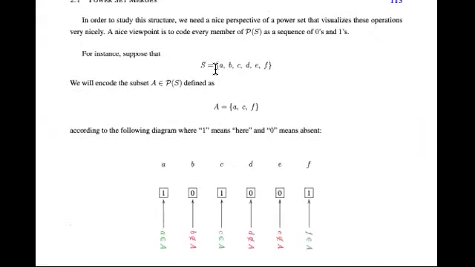Let's suppose we have a set here, A, B, C, D, E, F. Suppose that's S. Now, let's take a subset of S, so A, C, F. We can actually represent the subsets of S with code, binary strings of zeros and ones. And here's a little illustration how. See how this subset of S has A, C, and F?